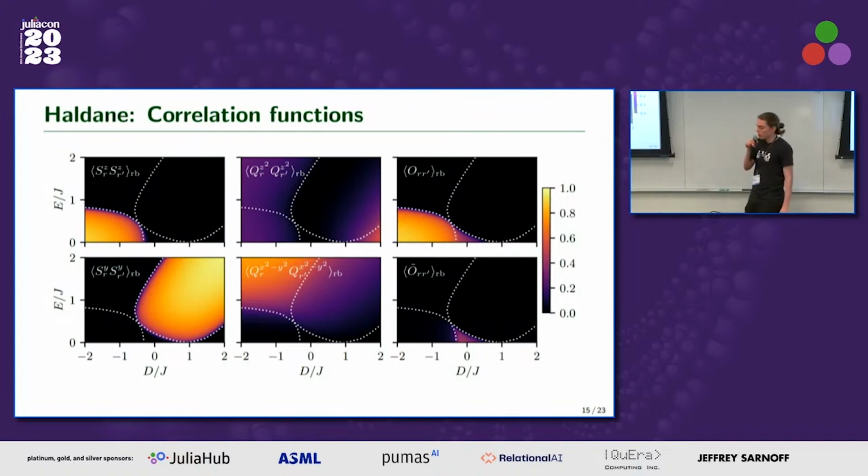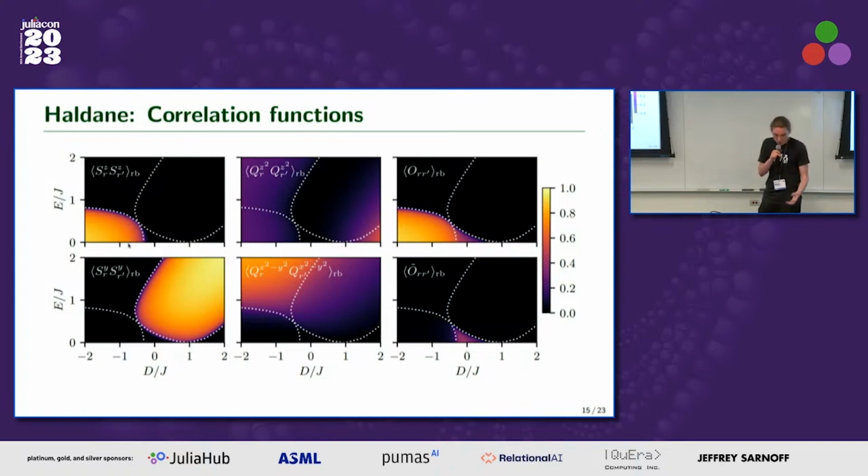Here in this leftmost panel, if we measure this SZ operator at two points on the spin chain, we get a finite signal in this one phase and it is black everywhere else. So we have this order parameter that indicates that we have a certain type of ordering in this phase. And it does correspond to the previous high accuracy studies.